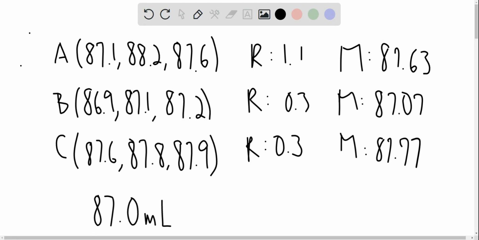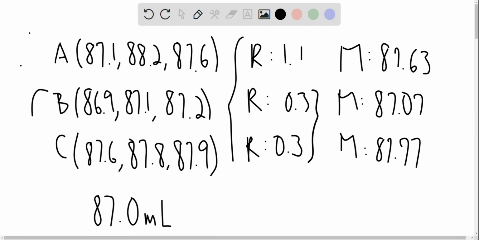So now let's look at precision first, right? As you can see, the least precise measurement of these three, by looking at the ranges here, is A, because the range is the largest, so the measurements are much more spread out. Whereas for B and C, their range is only 0.3 for both of them, so they're only spread within a range of 0.3.